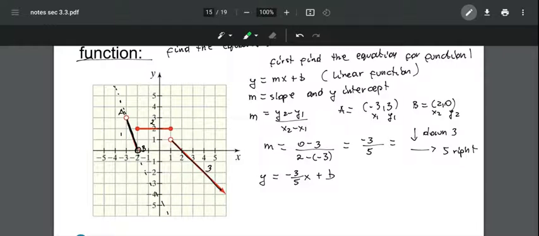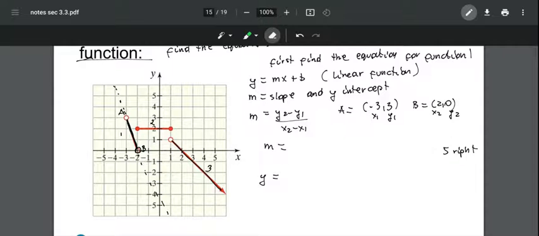Did I do that correctly? And this point right here is -2. I'm sorry. I noticed that something was wrong.